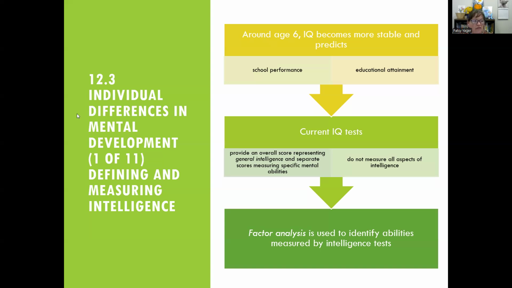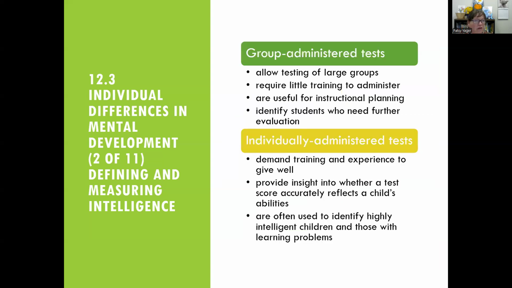Factor analysis is used to identify abilities measured by intelligence tests. Group administered tests allow testing of large groups, like a whole class or children in a certain grade in the whole state or even nationwide. They require little training to administer. They're useful for instructional planning.